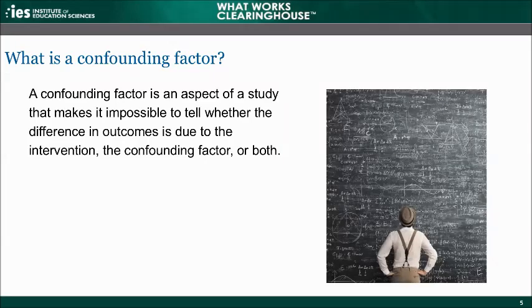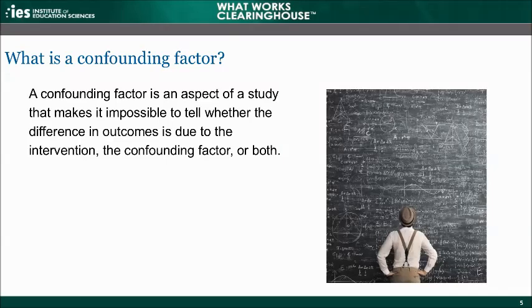Throughout this webinar, we will apply this WWC definition for a confounding factor to group design studies that use a randomized controlled trial or RCT design and a quasi-experimental design. Applying this definition to studies that use other types of designs, such as regression discontinuity, is beyond the scope of this webinar.